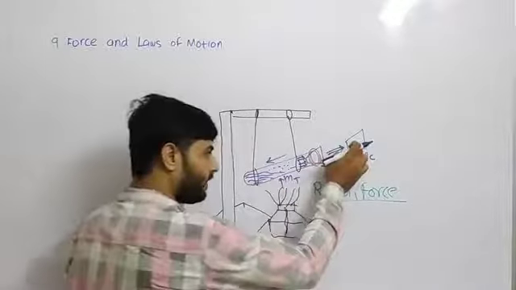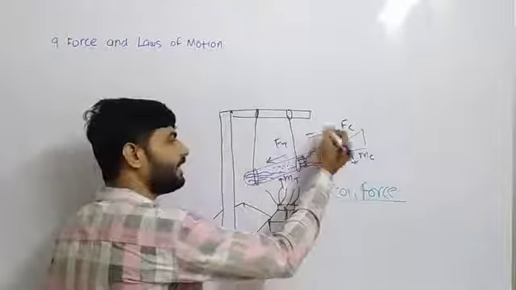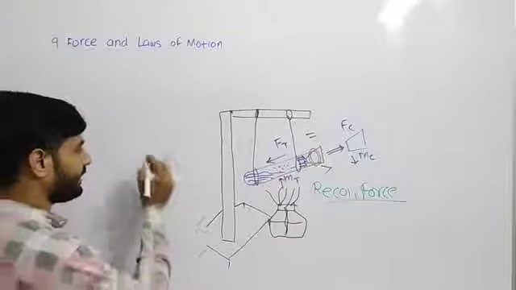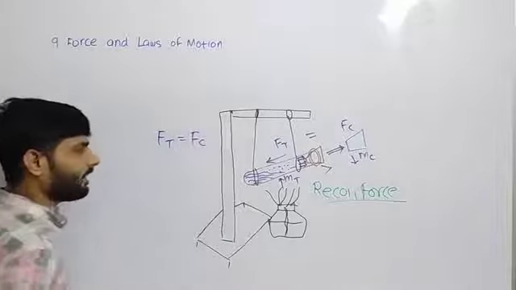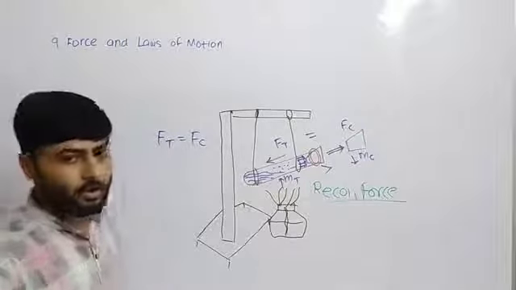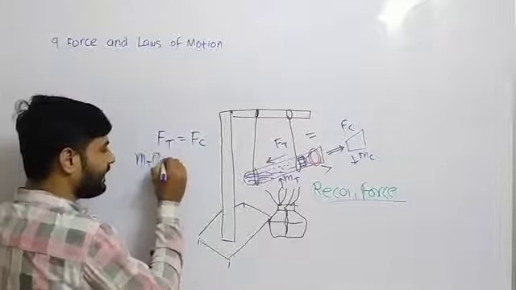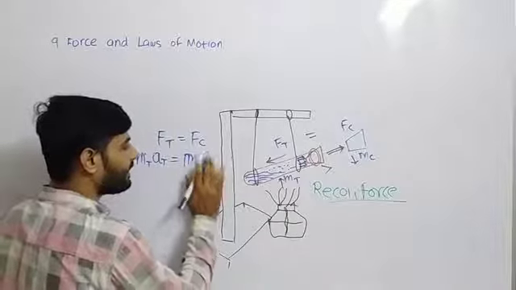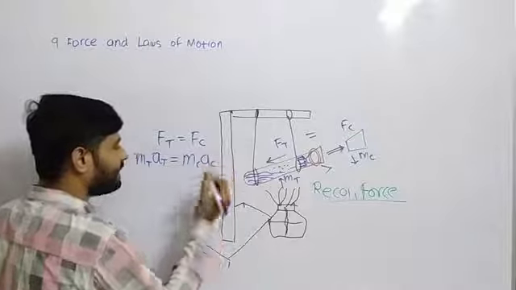Force on the cork and force on the test tube are equal. Now if we consider acceleration, I hope you got the point. Force on the test tube and force on the cork are the same. So I write MT AT is equal to MC AC.